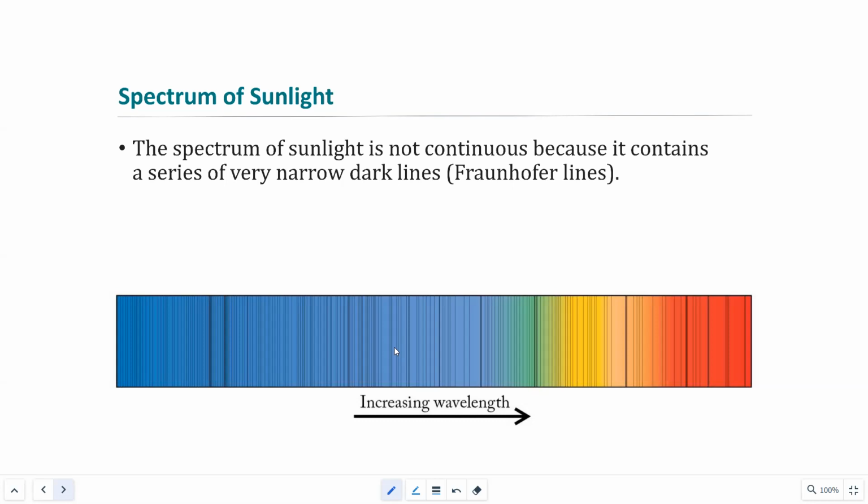But when they did this kind of spectrum for sunlight, they noticed that there were these very thin, very narrow, but dark lines that were breaking up the continuous transition from one color to the next. These were known as Fraunhofer lines, named after the scientist who first discovered them.